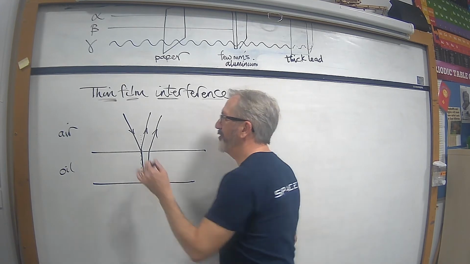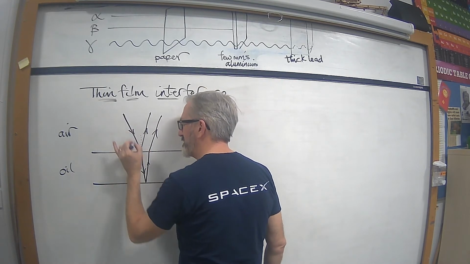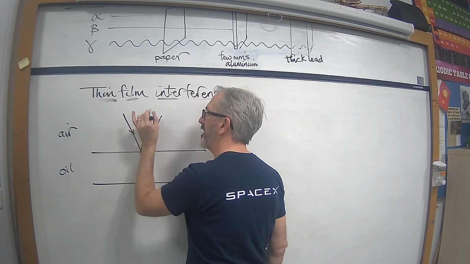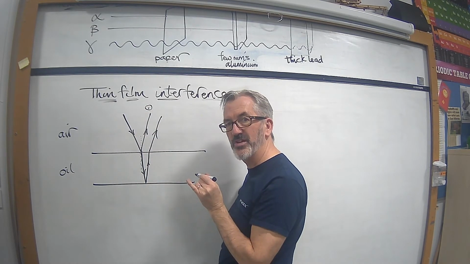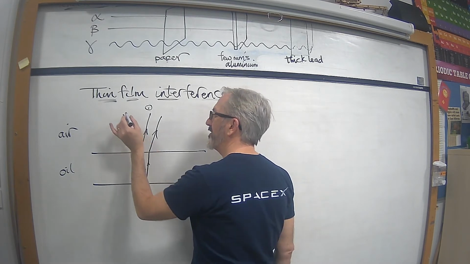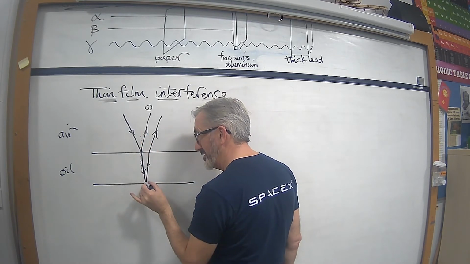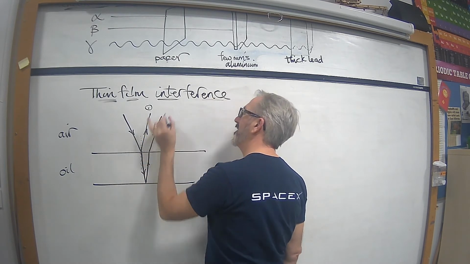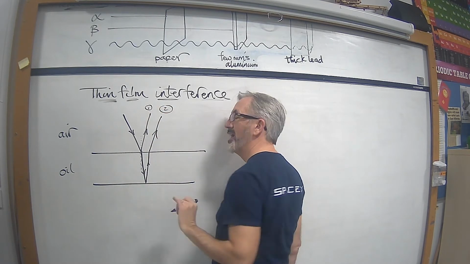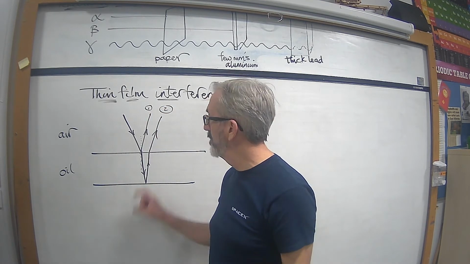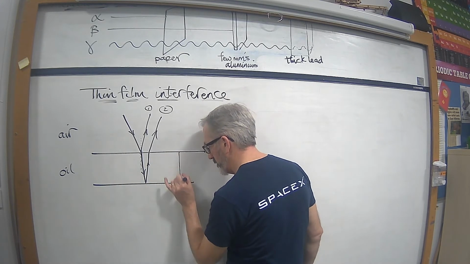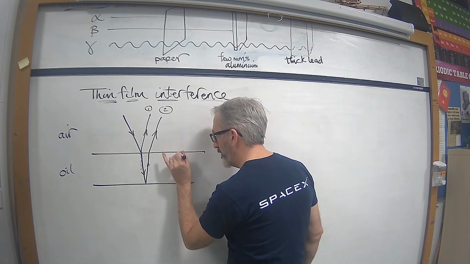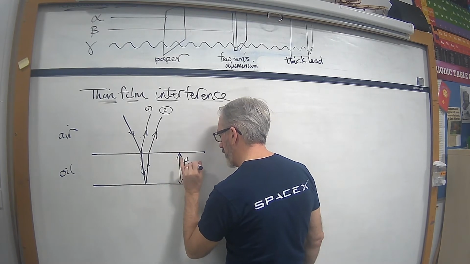So the first path is the light coming in and reflecting off the top surface. The second path is the light being refracted into the oil, reflecting, and then coming back out again. There is a path difference between those two paths, and that path difference depends on the thickness of the oil.